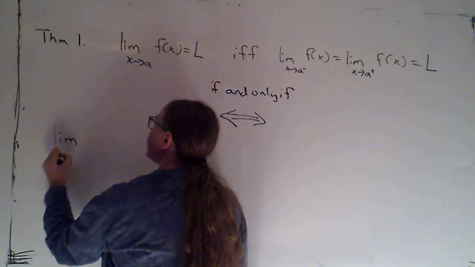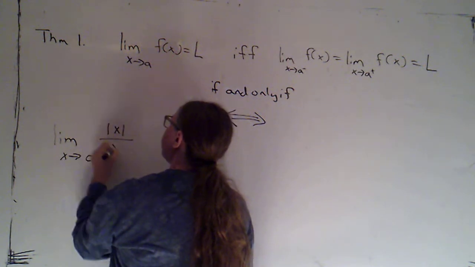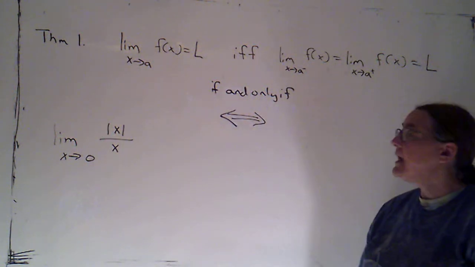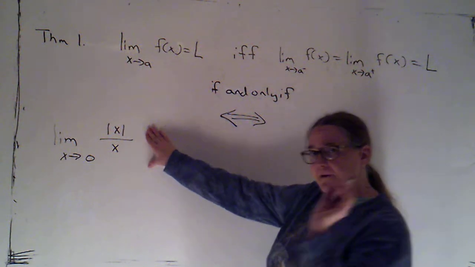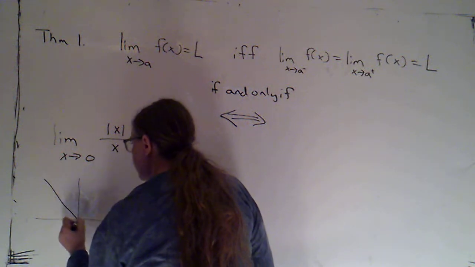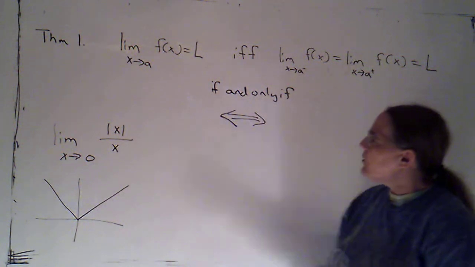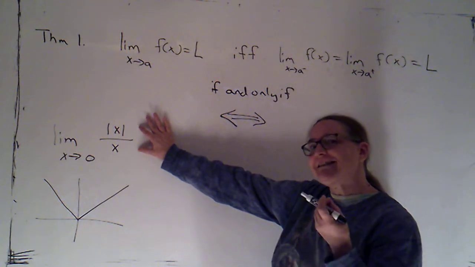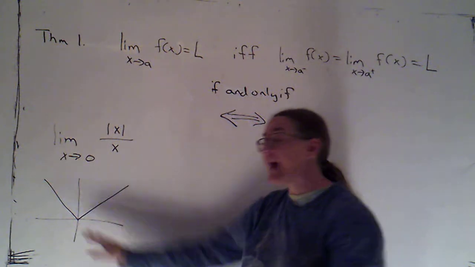Let's suppose I want to take the limit as x goes to 0 of the absolute value of x over x. Now that's actually a function that we've seen before. In the very first section, when we were talking about derivatives or slopes of tangent lines, we got that this function here represented the slope of the secant line on the graph of the absolute value function.